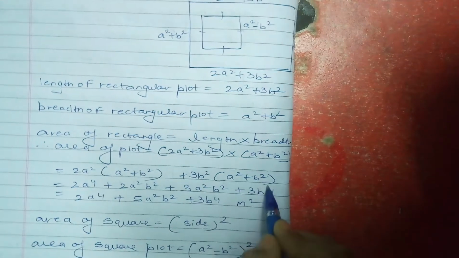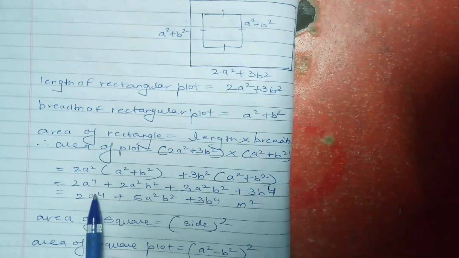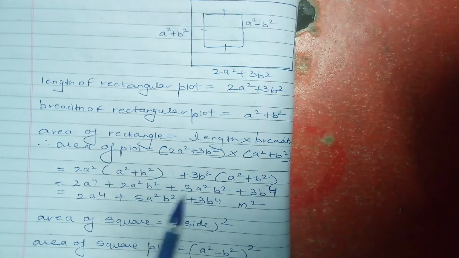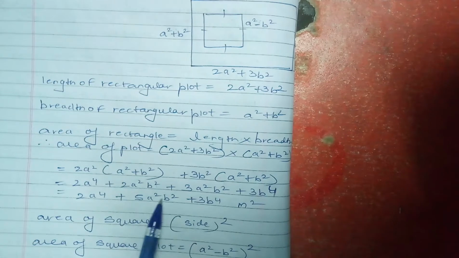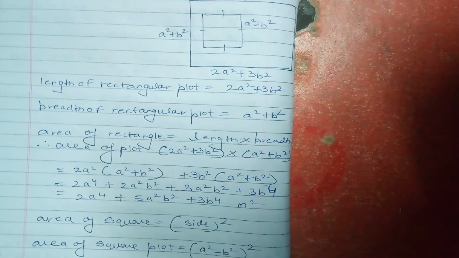Isn't it? This is 4 power. Okay. Now we have to bring the like terms together. They are already there. So we are having 2a4 plus 2 plus 3, 5a square b square, plus 3b4. Square meter is the area, as the dimensions are given in meters.